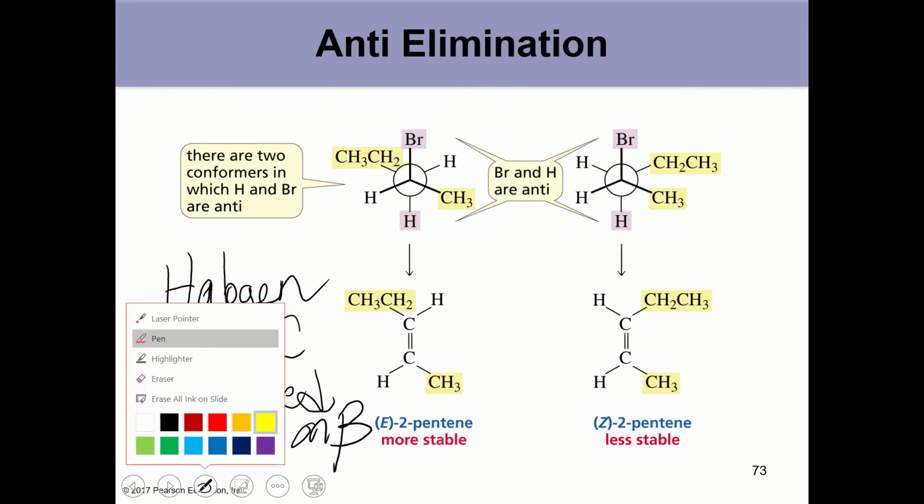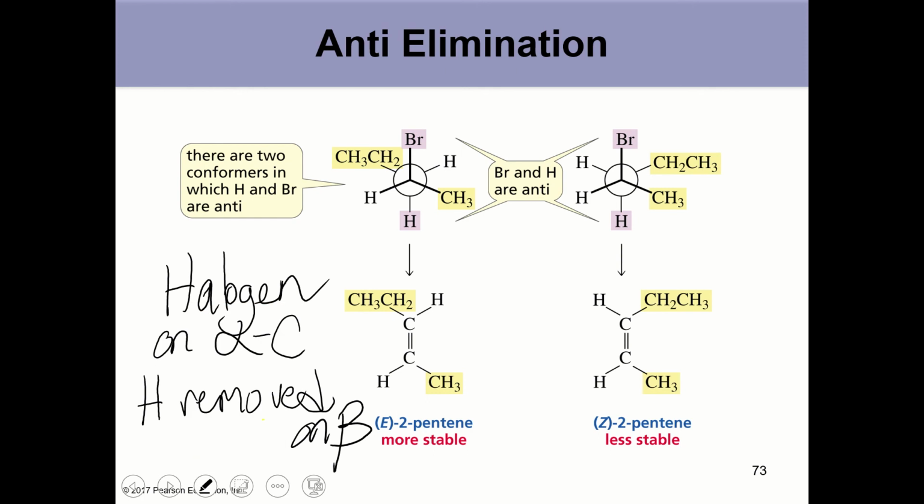So if you notice on the figure at the left, we have ethyl and CH3 anti at the same time as bromine and hydrogen are anti. And so that would be the most stable conformation already, because the two largest alkyl groups are 180 degrees apart and will not have steric hindrance.